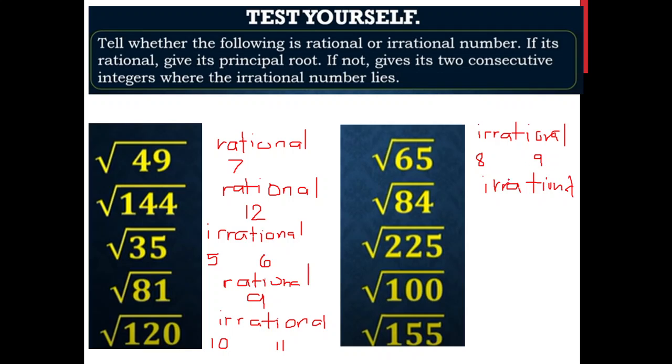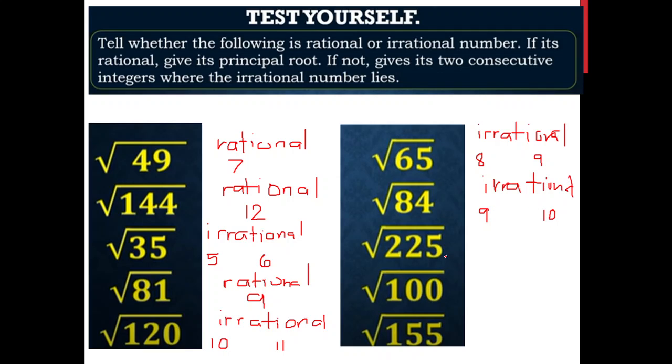The first perfect square before 84 is 81, which is 9 times 9. The next number is 10, because it should be consecutive. Then 10 times 10 is 100. Therefore, 84 lies between 81 and 100, so the square root of 84 lies between 9 and 10.